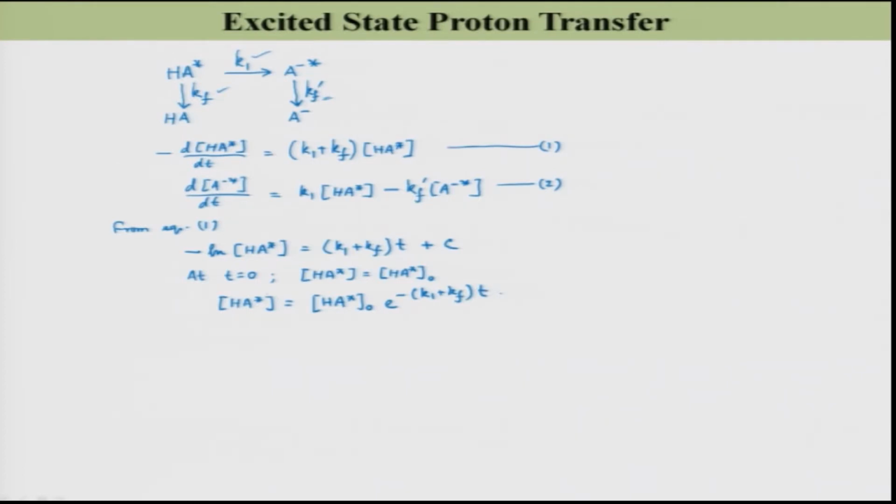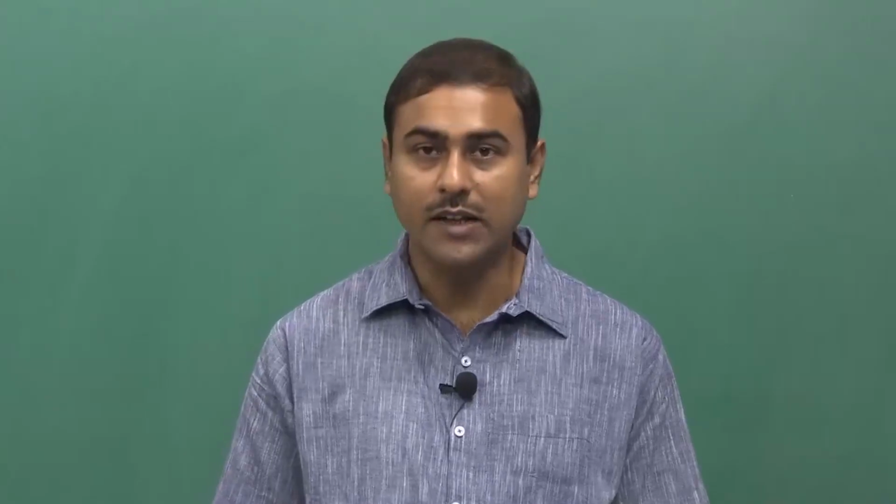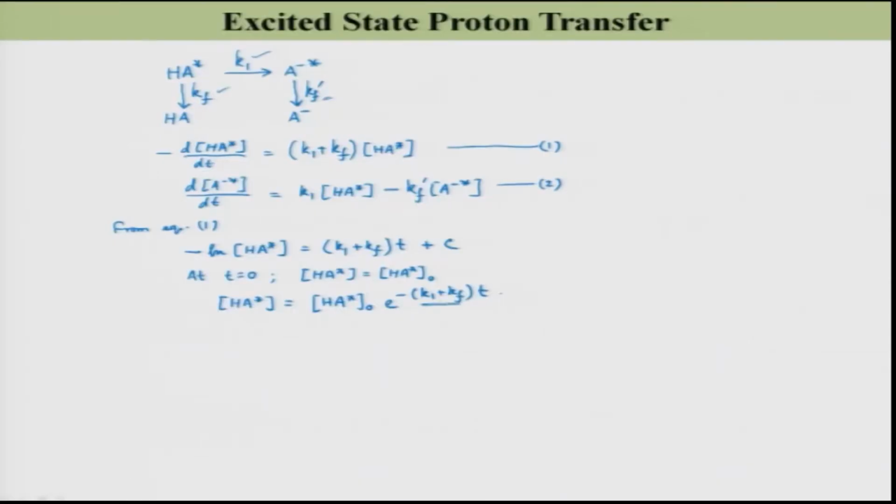So if you monitor HA star, its concentration starts from the initial value and then decays exponentially, and the rate constant is K1 plus Kf. The time constant will be just the inverse of this.